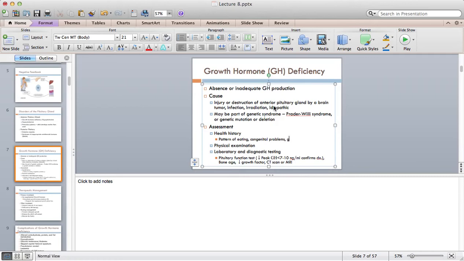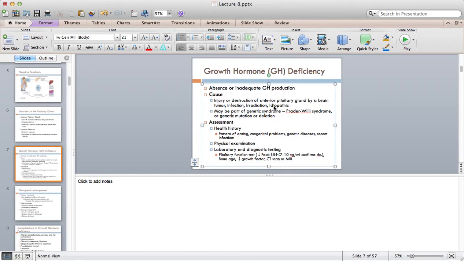Any genetic diseases that run in his family, okay? Any recent infection, sickness, any recent injuries that involve the head? Because these are all things that can affect the pituitary area. And then when you do your growth chart, you see that it's below what you expect to see for a child of that age, which I will leave to you to find out what that is.